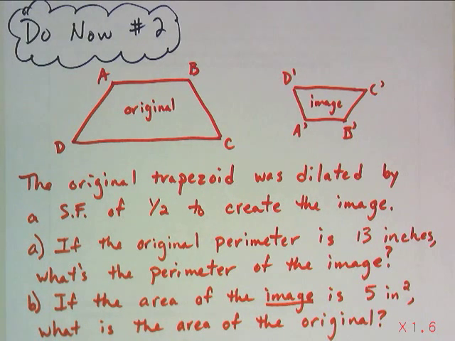All right, last do now problem. I don't know if you remember those original and image trapezoids from our first page, but they're back. And this time I'm letting you know that the original trapezoid was dilated by a scale factor of 1/2 to create this image trapezoid. All right, so again, I'm going to need some scale factors, and I'm going to have to pay attention to which direction they apply.